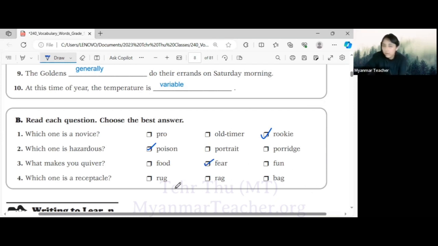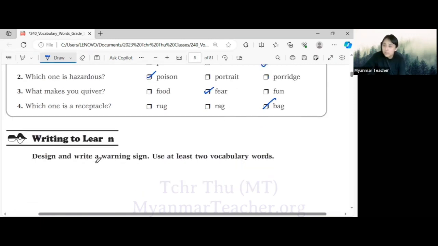Rack, bag. Bag. A container is something you can put things in, so the bag is the receptacle. So there will be some homework. You have to design and write a warning sign. You have to use at least 2 vocabulary words that you've learned today.